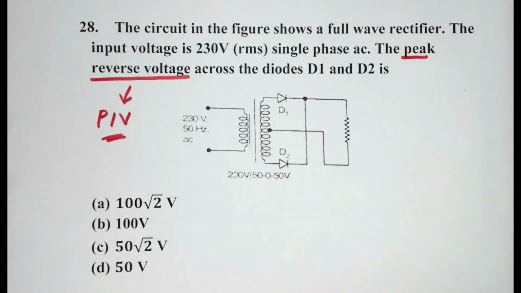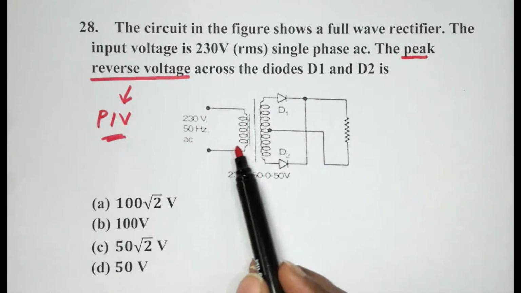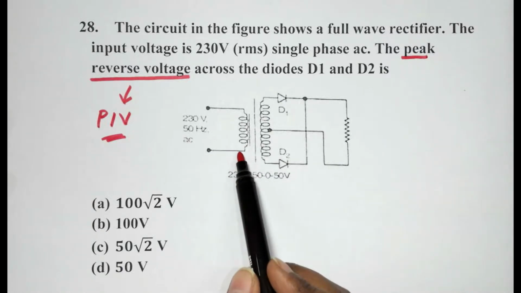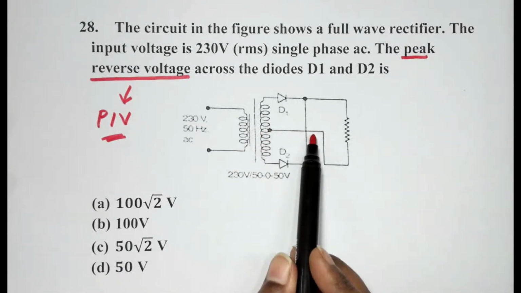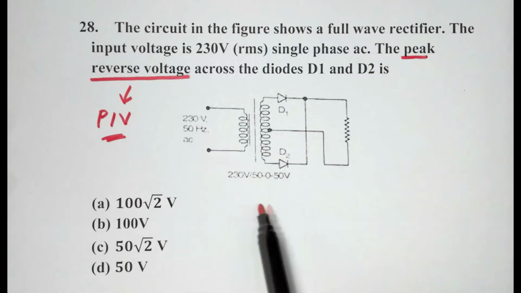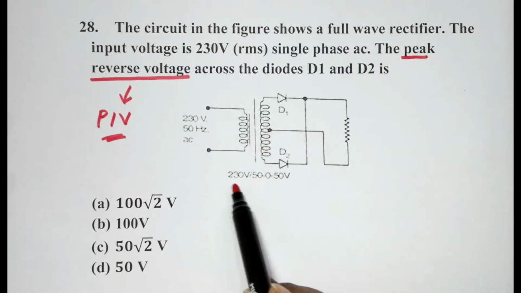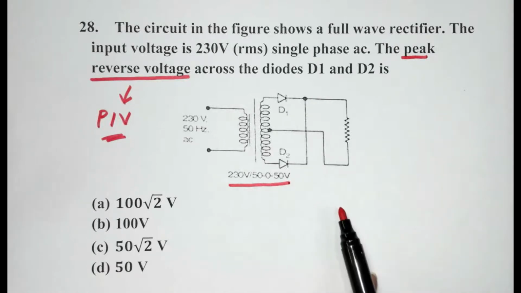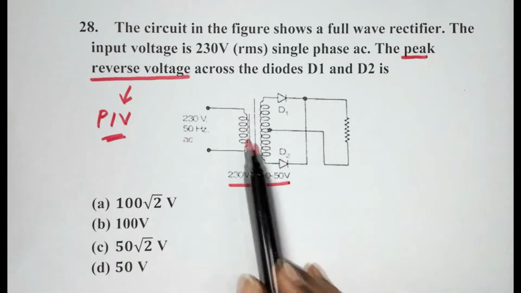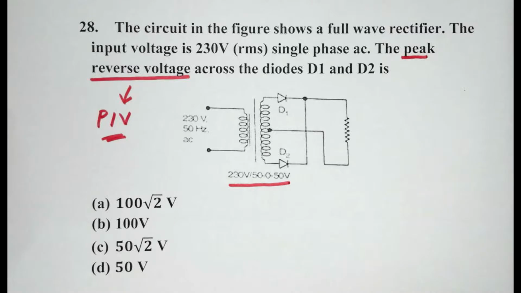So if you notice the diagram over here, we have our primary and secondary. You will see that the full wave rectifier here, the rating has been described over here, 230 volts by 50-0-50 volts, center tapped, right? So during the first half cycle of the supply, the top of the transformer secondary winding is positive.